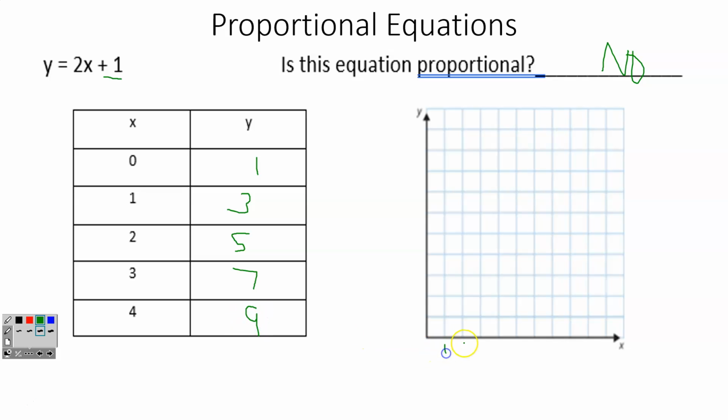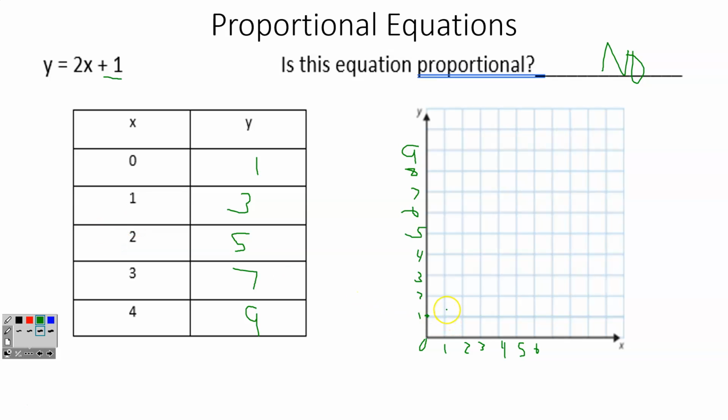So if I were to graph it, 1, 2, 3, 4, 5, 6, 1, 2, 3, 4, 5, 6, 7, 8, 9. I would put my first dot at 0 up 1, which is right here.